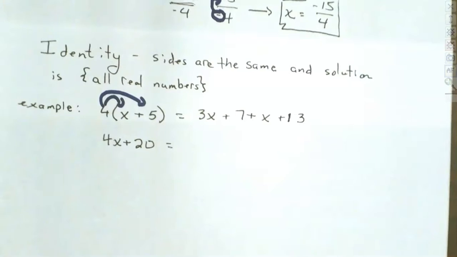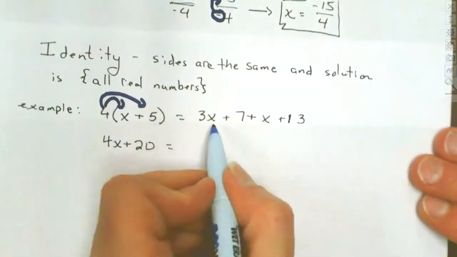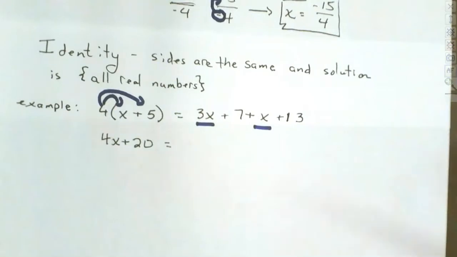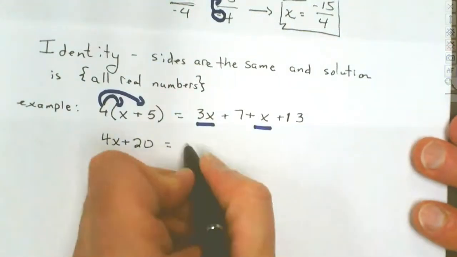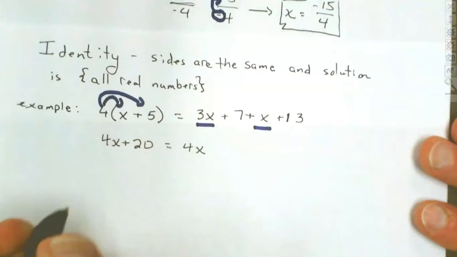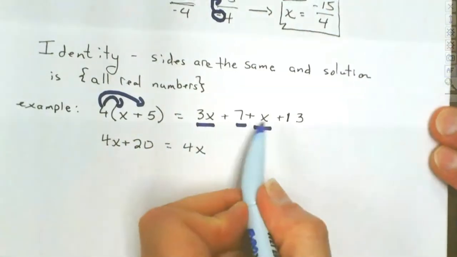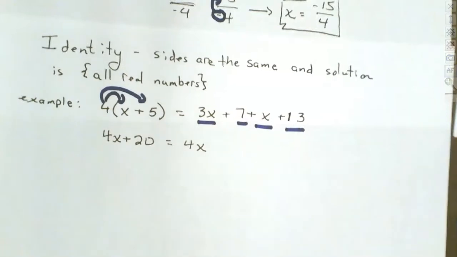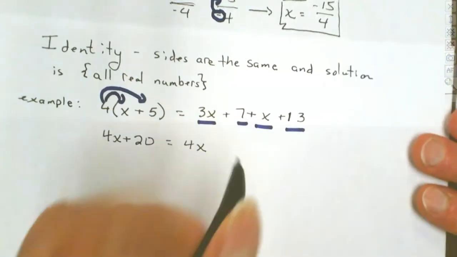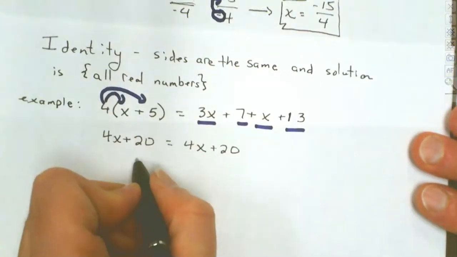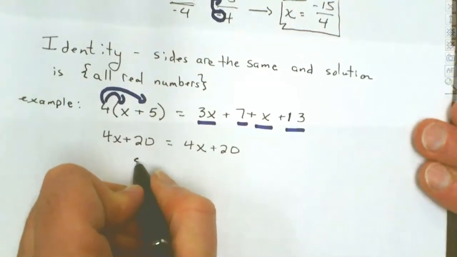Now what can we do? Well, on the right-hand side, we can combine like terms. We have a 3x and another x, so that makes it a 4x. And then what do we know about the numbers? We have a 7 and a 13. Those can go together and also make it a 20. Now notice the sides are the same.